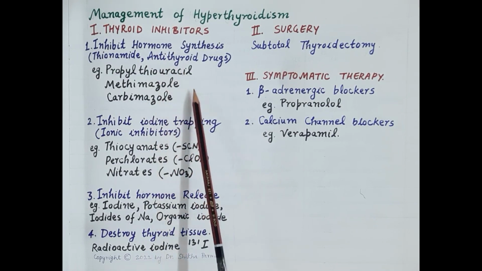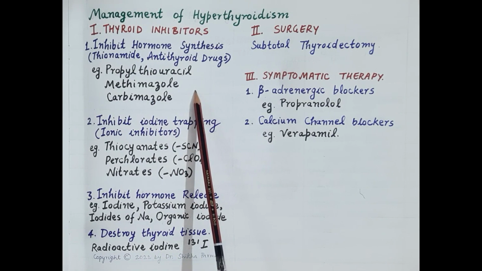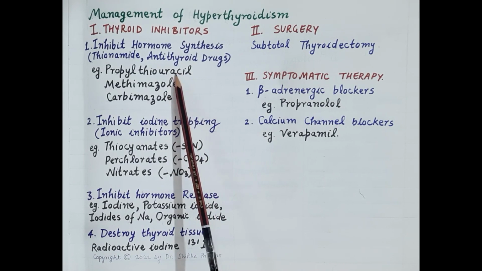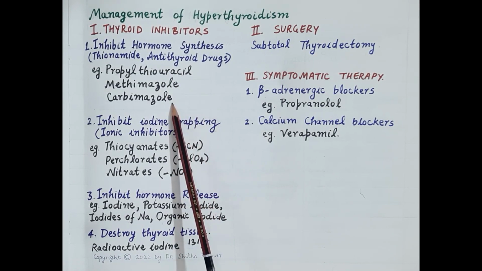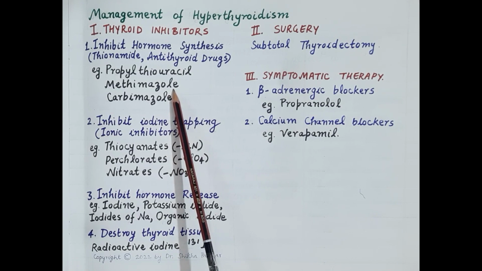Now, these are the most commonly prescribed drugs for hyperthyroidism due to Graves' disease. And these thionamides include propylthiouracil, then carbimazole, then the active metabolite of carbimazole, that is methimazole.